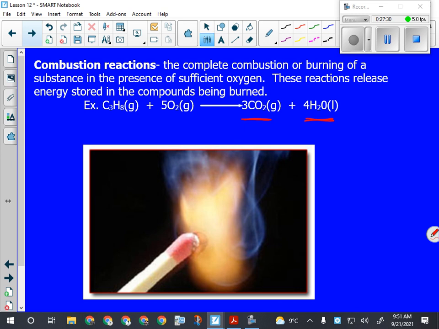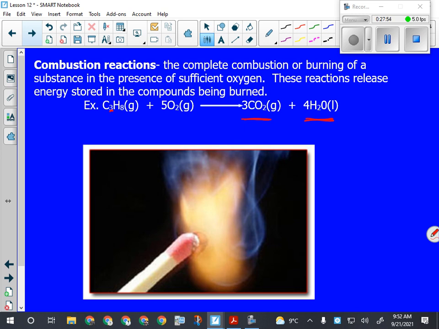All right. So this one here, is it balanced? Here's how we check that. How many carbons are here? 3. How many carbons are here? 3, right? 3 times 1 is 3. In carbon dioxide, there's 1 carbon atom.